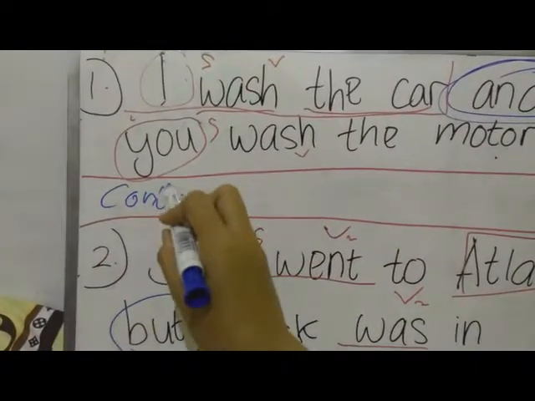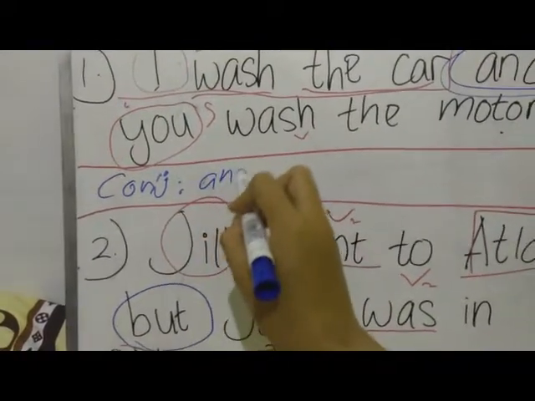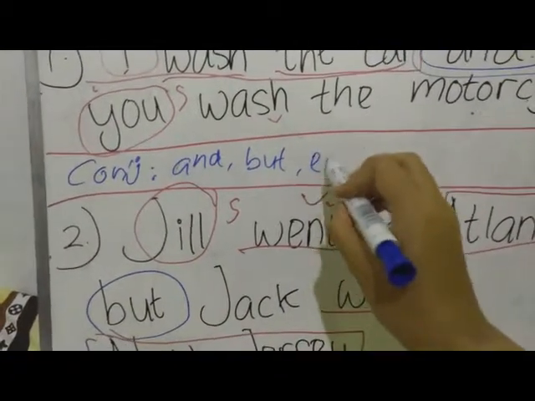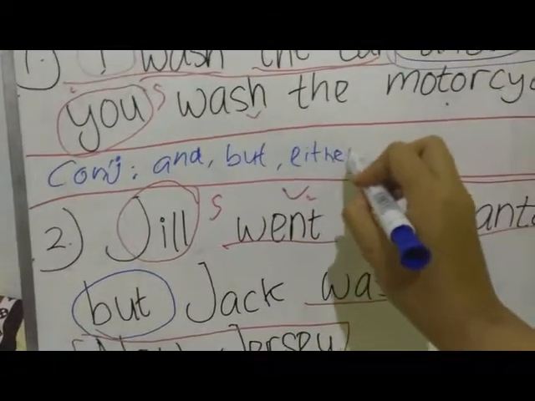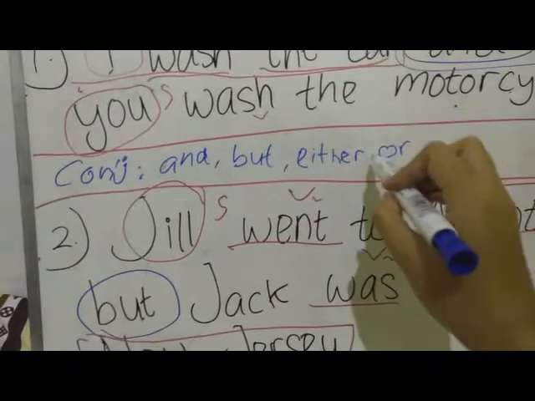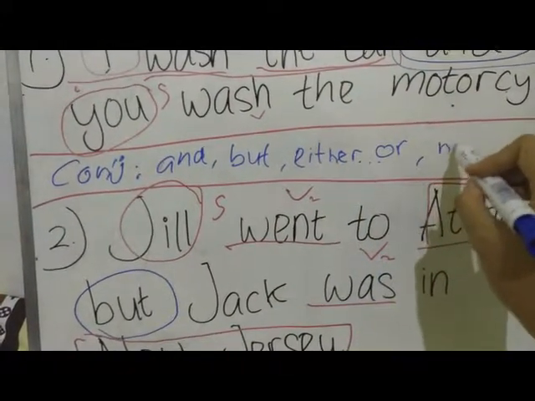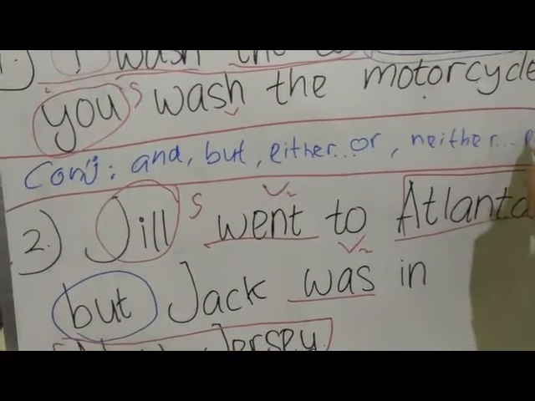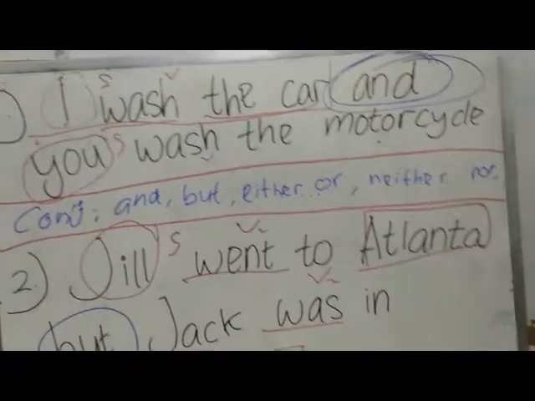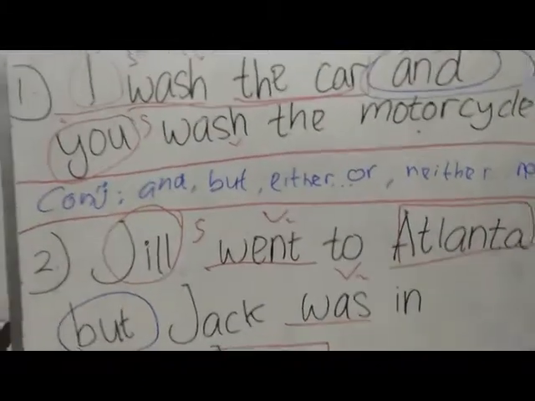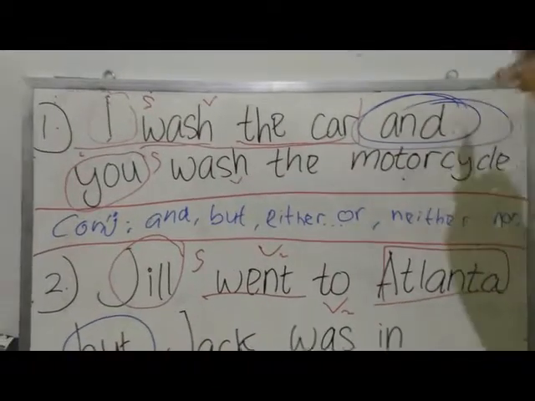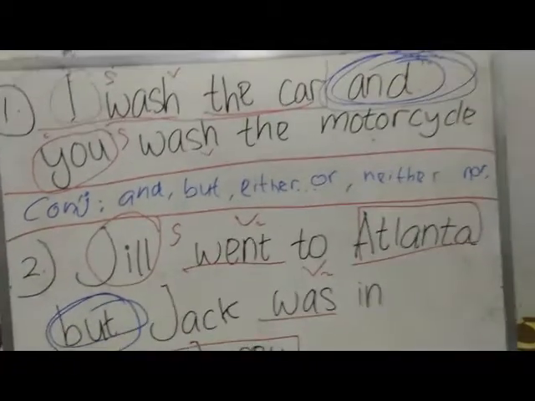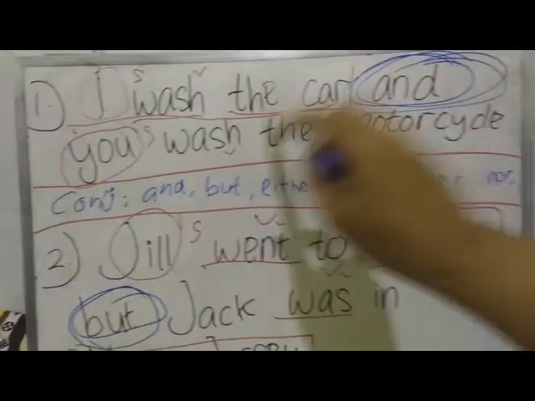The conjunction can be and, but, either or, neither nor, etc. So if you find the conjunction, that means it is main and also main clause.